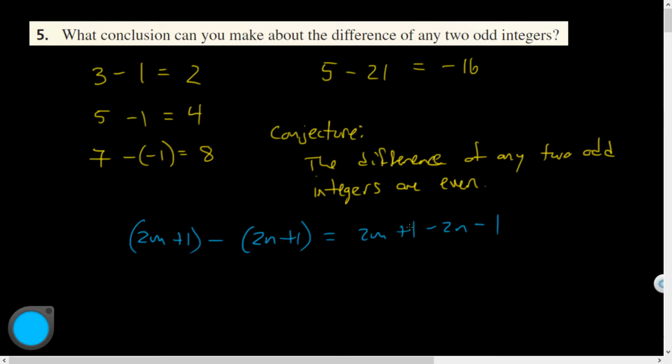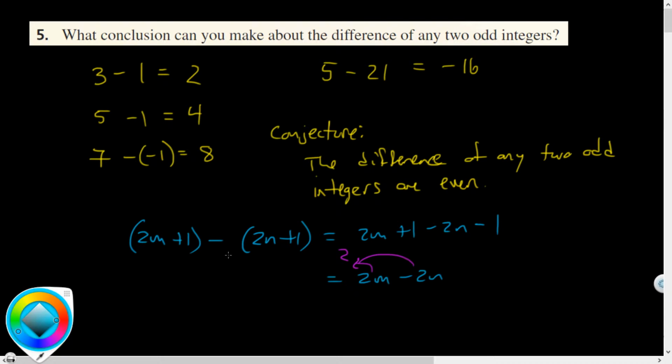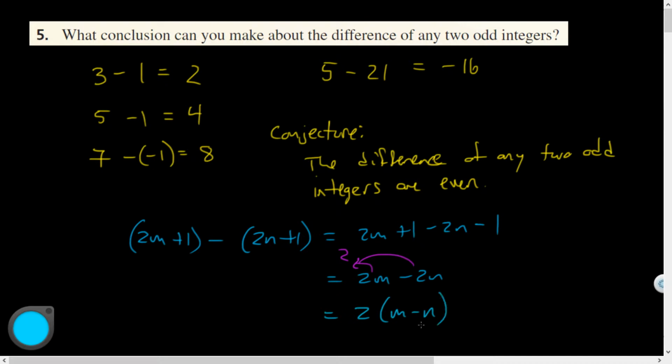Let's see, my plus 1s and minus 1s cancel out. I'd have 2m minus 2n, and now I'm suspecting that this is even, and actually I have a means of proving it. I can steal a 2 from both of these. Let's see, I'm working in blue here. So that's going to equal 2 times the quantity m minus n. And since these were both integers, their difference will be an integer.